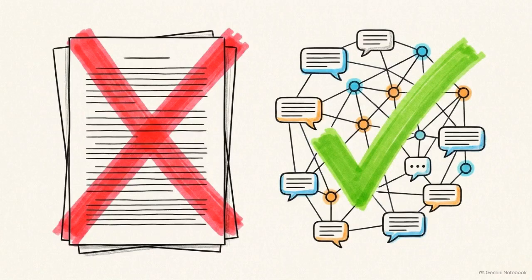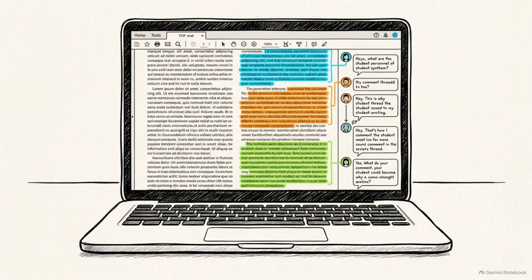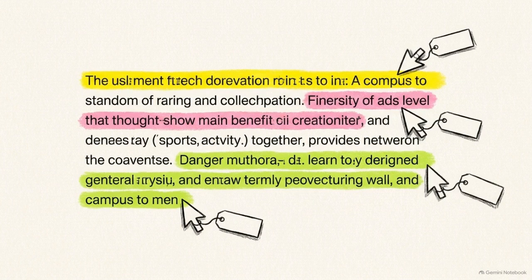The fourth strategy bypasses the text generation problem entirely by shifting the format of the assignment itself. Instead of assigning isolated essays, educators are implementing social and collaborative annotation tasks. Students use platforms to publicly annotate assigned reading material, leaving notes, critiques, and questions in the margins for their peers to see.